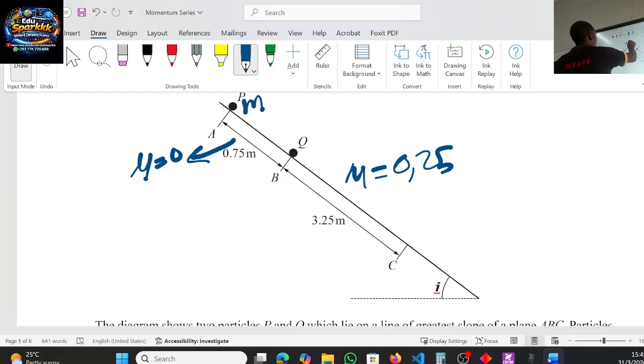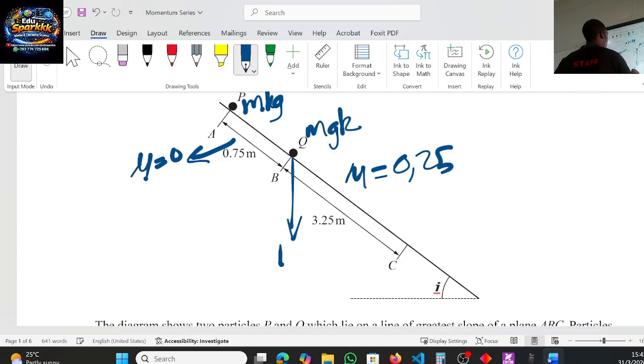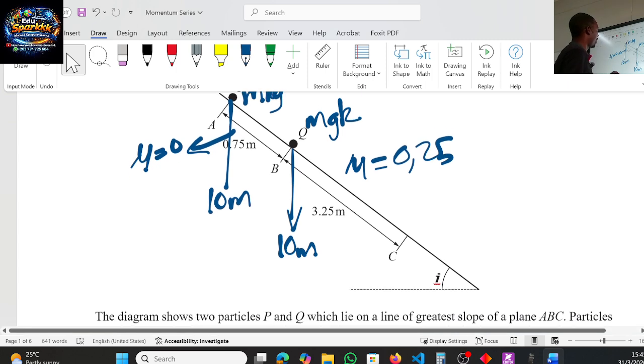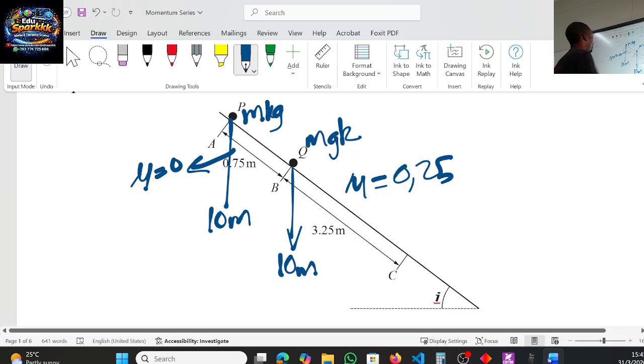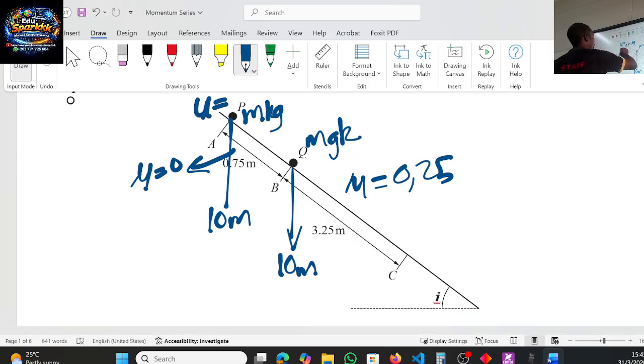Both objects are of mass m kilograms, implying that their weights are each 10m, because it's g times whichever mass value we have. We are also told that both objects are released from rest, implying the initial velocity for both objects is equal to 0.